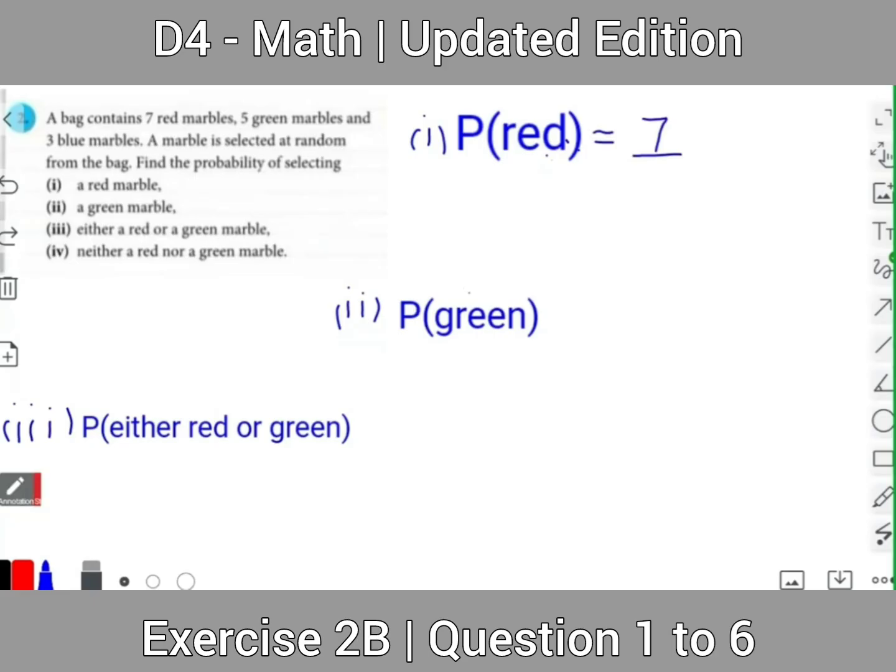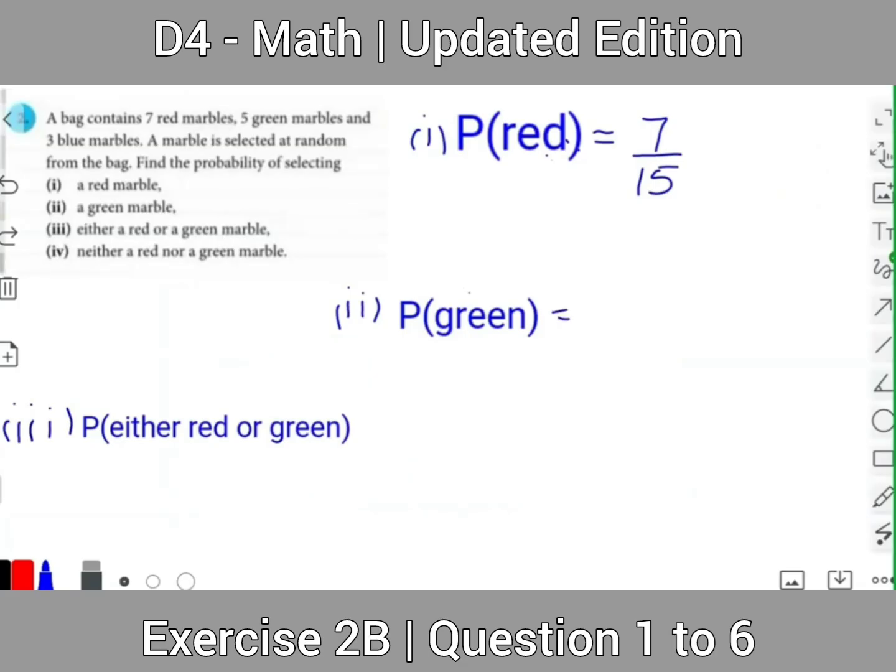So the probability of red will be equal to the number of favorable outcomes, 7, just because it is given that there are 7 red marbles, and the total number of marbles will be 7 add 5 add 3, so it will be equal to 15. So the probability that a marble is red will be equal to 7 over 15.